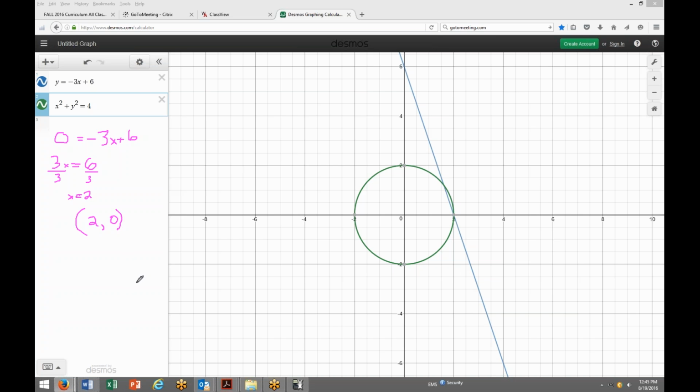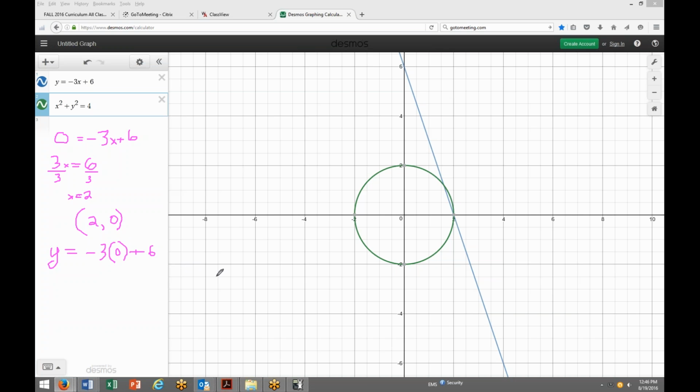Well, similarly, if we wanted to find the y-intercept, we would let x be 0 and then solve for y. So writing out this equation again, y equals negative 3 times 0 plus 6.